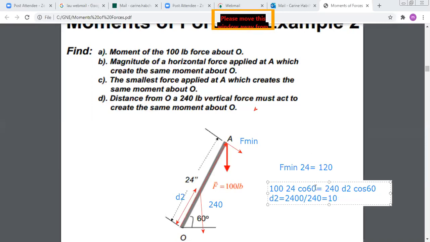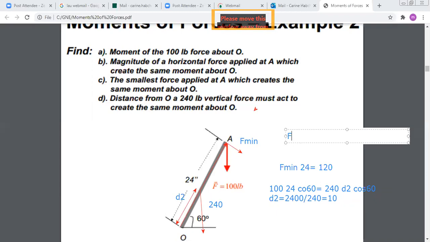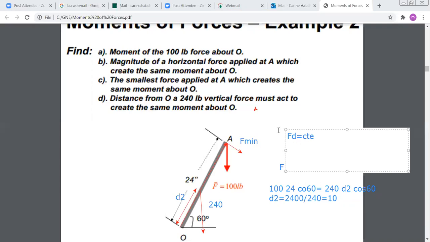Because you know the moment, after simplifying cosine 60, is F times D equal to a constant. So the force and D will be inversely proportional. If I multiply F by 2.4, distance D will be divided by 2.4.